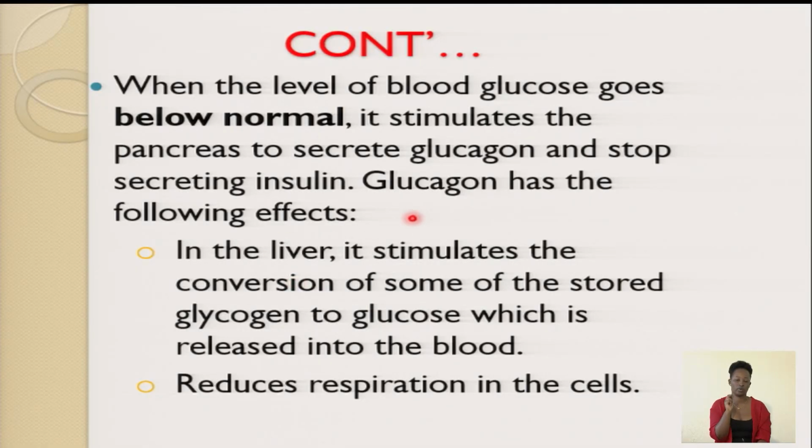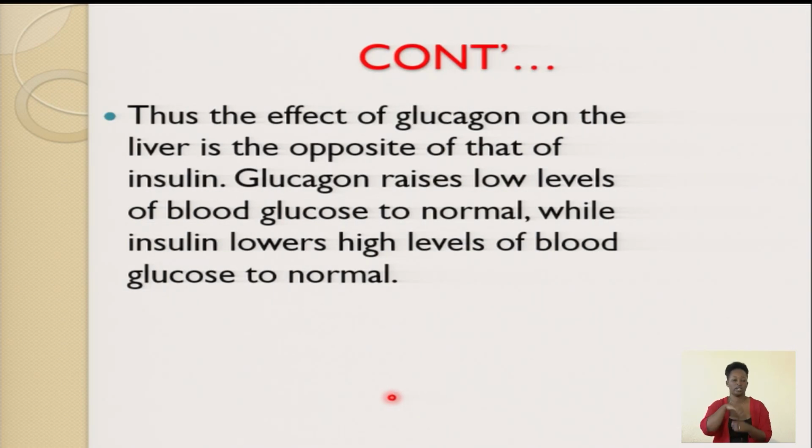Glucagon has the following effects. In the liver, it stimulates conversion of some of the stored glycogen to glucose, which is released into the blood. Another effect is reducing respiration in the cell. So the effect of glucagon on the liver is the opposite of insulin.